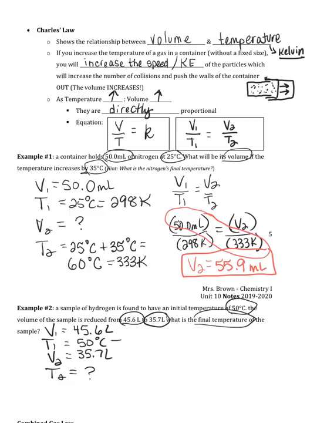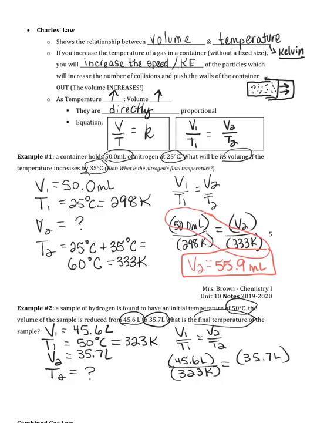Temperature, remember, has to be in Kelvin, so we convert that. 50 plus 273 is 323 Kelvin. Get our equation for Charles' law. Plugging and chugging. This time we're solving for T2.